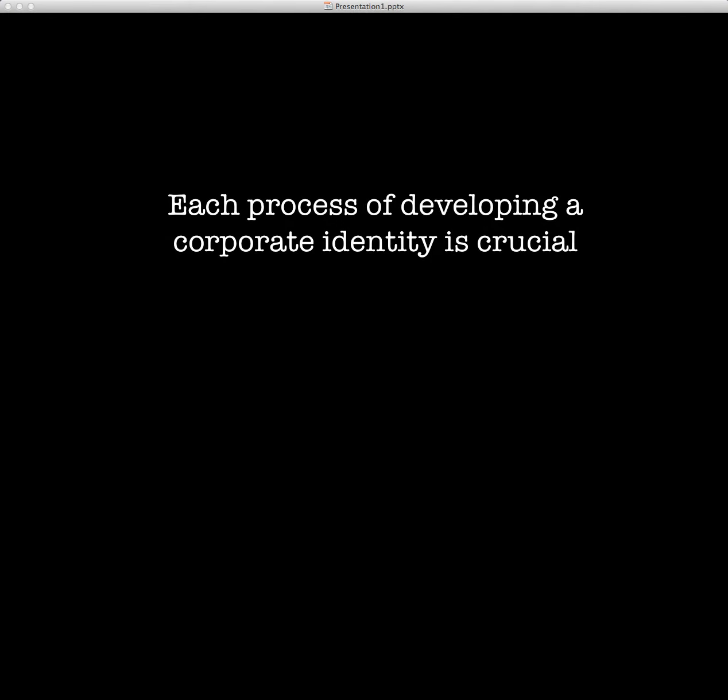Each process of developing a corporate identity is crucial. First off, we start with the logotype. Now, the logotype is researched and selected to relate to the graphic image concept in continuity and form. Most corporate identity logotypes are sans serif.